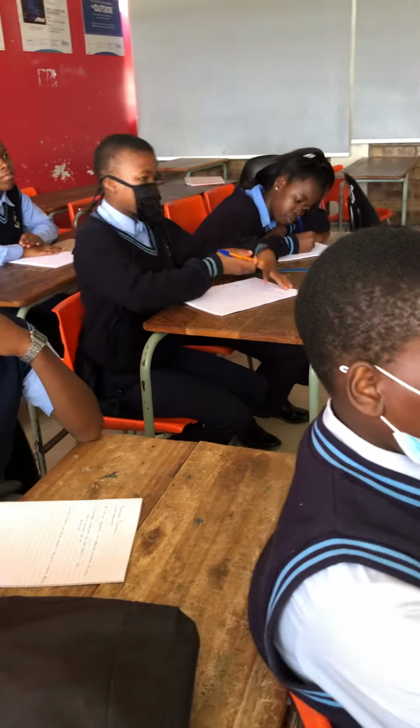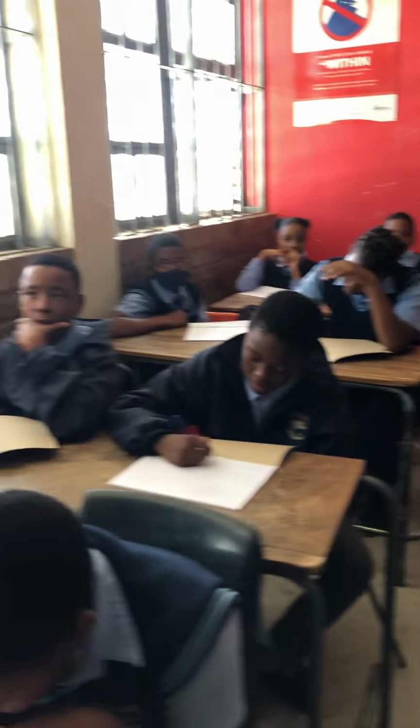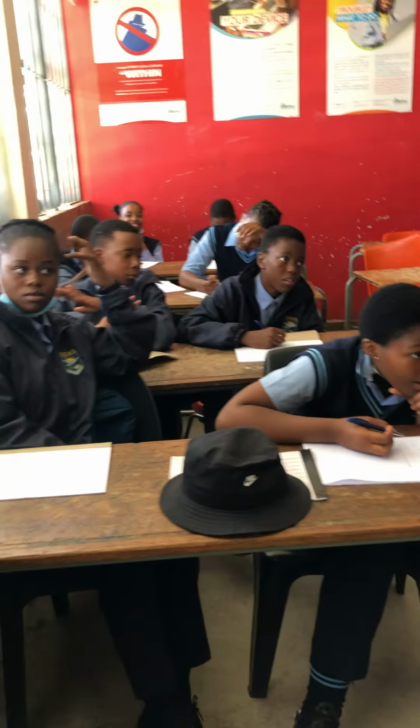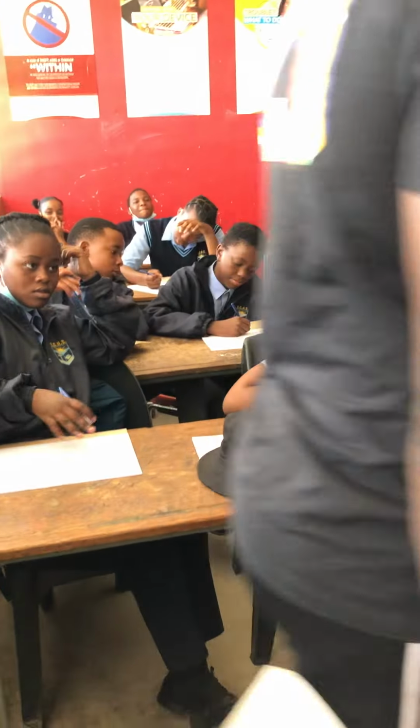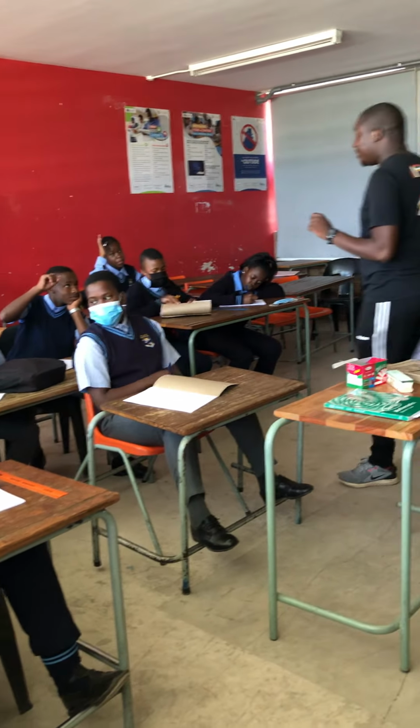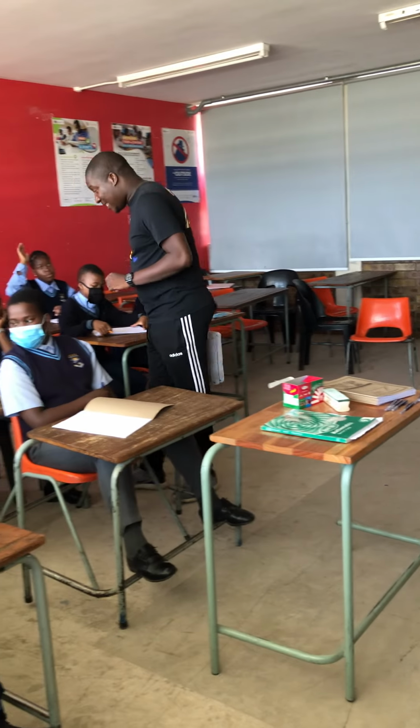Okay, I want you to try that one on your own. Can you create an equation from that? 3 times a certain number by 5 equals 8.